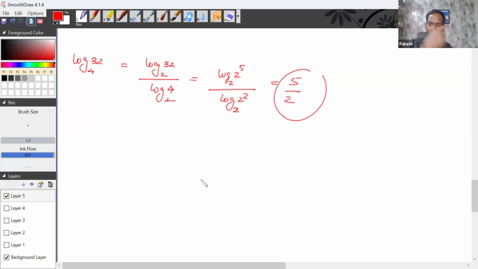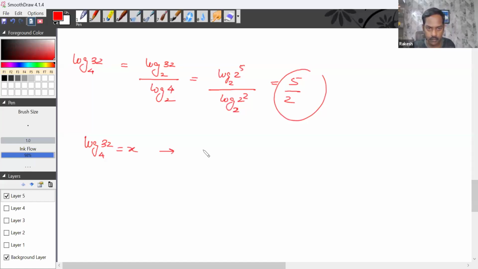right? As I said, not necessarily that we have to apply the properties of logarithm. We can work such kind of example without the help of logarithm property. We can convert it into its original format. We can assume that log of 32 with base 4 is equal to x.